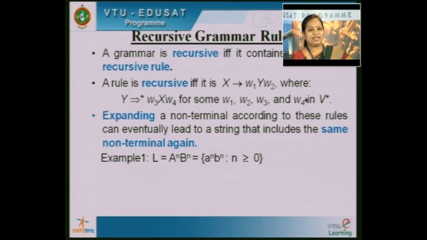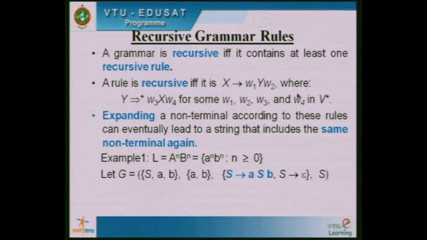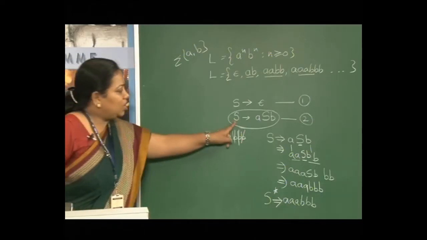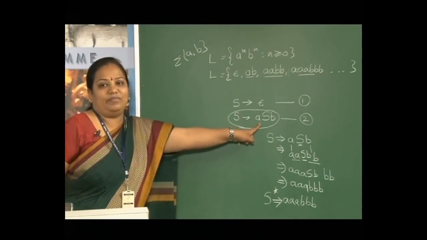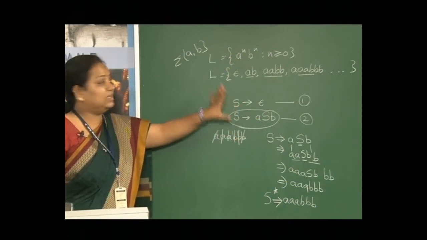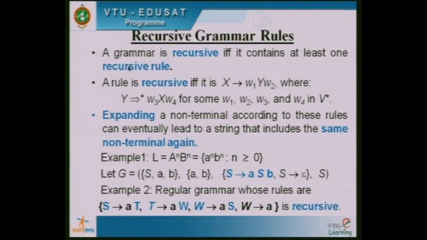Let us look at an example, the same example, A raised to n, B raised to n. Here this rule is called recursive. Why is it recursive? Because S is recursively calling itself. So, this grammar is recursive. One more example we can see, wherein S tends to T, T tends to W, and W again tends to S. So, S is indirectly recursively calling itself.